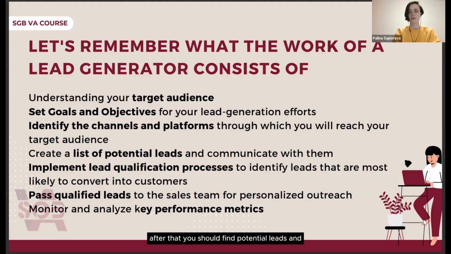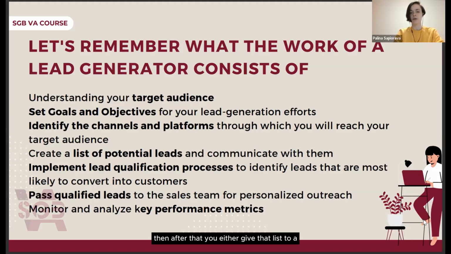Of course, after that, you should find potential leads, and it's always better to systemize your process by creating a list of potential leads, the main data, the process, as we're going to talk about today, and other important notes that might be relevant for you or for your client.